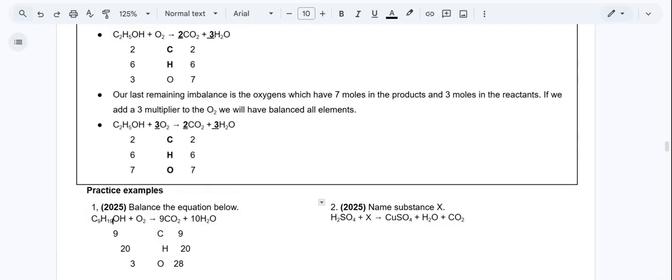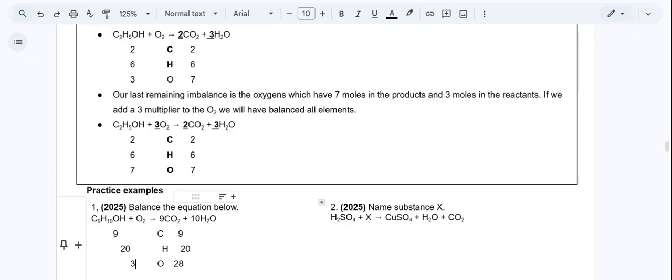Whatever we do to balance, I probably wouldn't put anything in front of this molecule here, because that will change the carbons and hydrogens, and we've just spent a long time on the right-hand side sorting those out. So whatever we do to this, we probably want to undershoot 28 by 1, because after we've balanced these oxygens out to 27, this extra one will bring us up to 28.